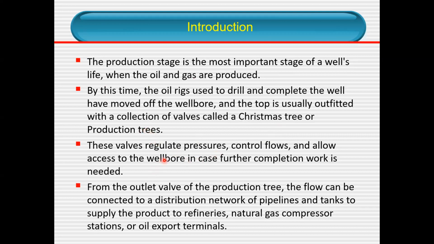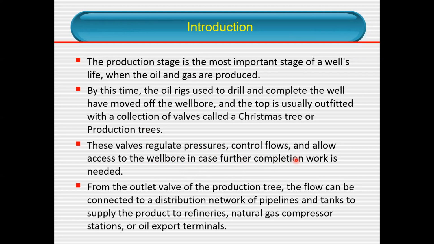To make sure that you can flow the oil, you have to regulate the pressure that comes naturally from the reservoir. You have to control it so that you can decide how much crude oil you want, and allow access to the wellbore in case further completion work is needed.